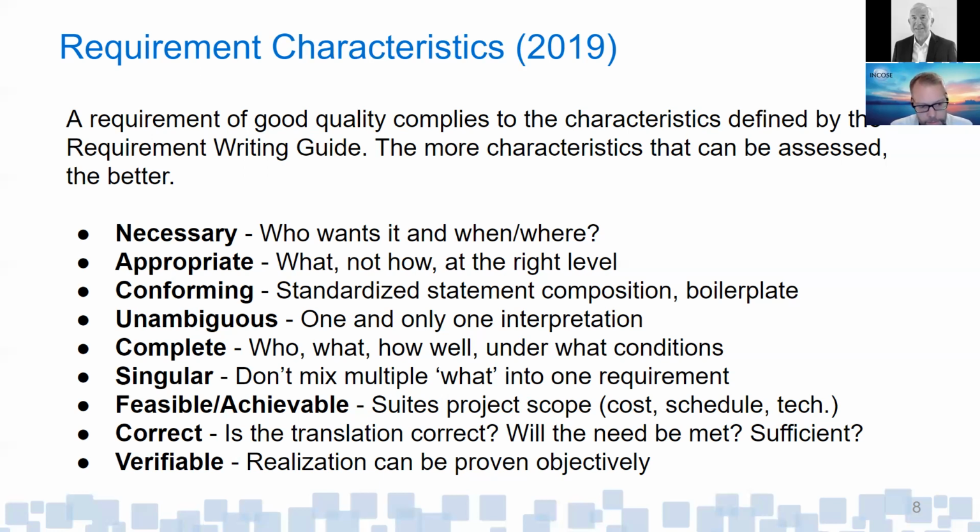It needs to be correct, so a correct translation that will sufficiently meet the needs of the stakeholders. And of course verifiable. I think for verifiable it's not just important that it's quantified. We need to be able to find a verification method that we can actually execute, so we're not creating something that asks for the impossible.